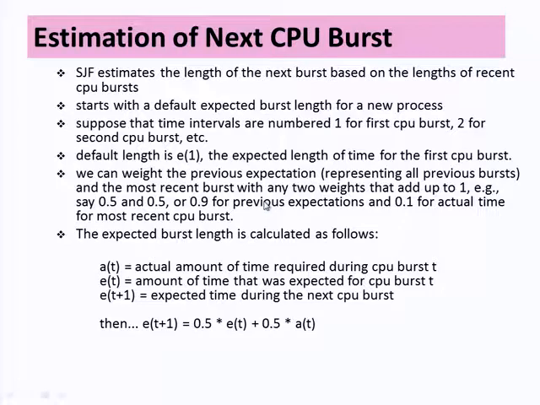So this is one estimation of the CPU burst times that can be helpful for an implementation of the shortest job first or shortest remaining time first algorithms. The idea is to base our expectation on the history of previous CPU burst times, okay? The rule is very simple.